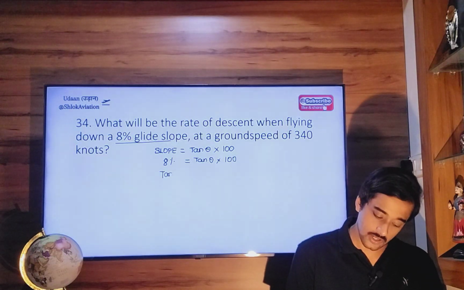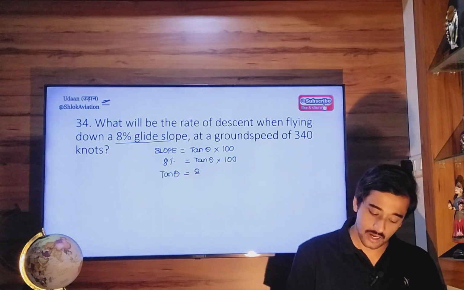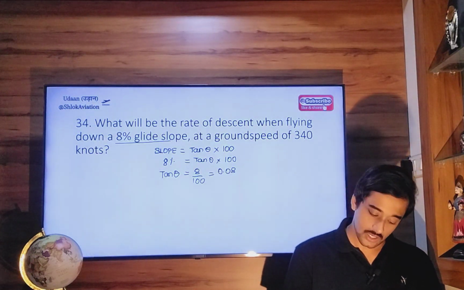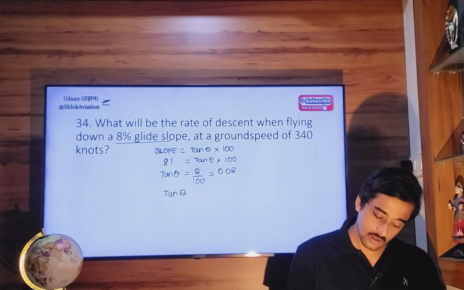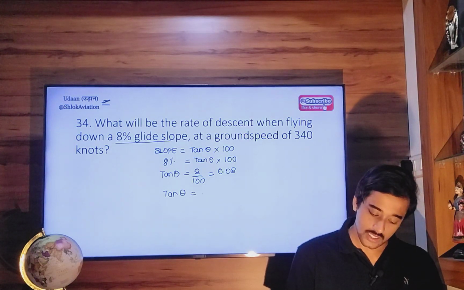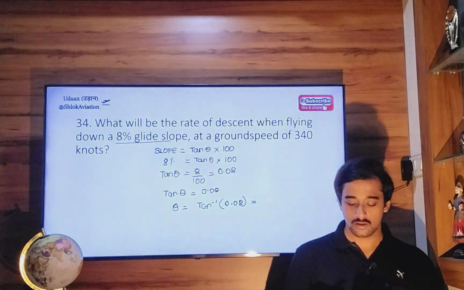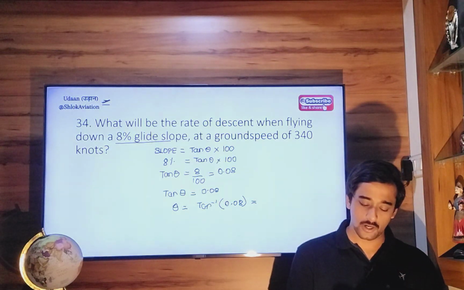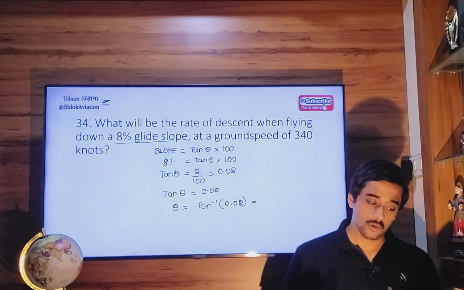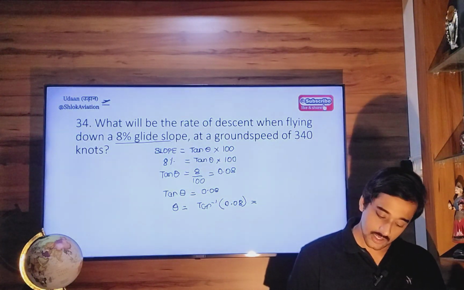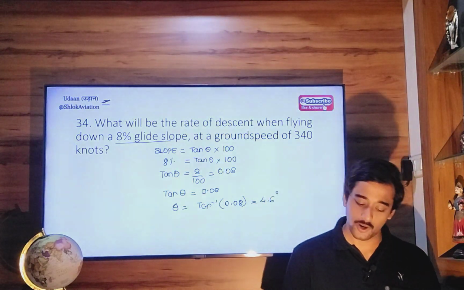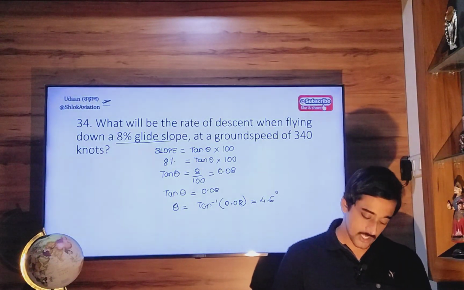So tan theta equals 8 divided by 100, that is 0.08. So theta will be equal to tan inverse 0.08, which is 4.57. So theta is approximately 4.6 degrees. So the glide slope angle is 4.6.